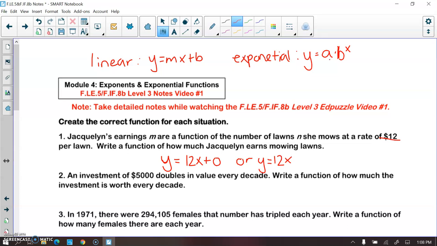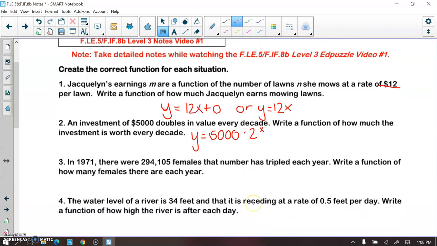The amount you start with is your A. We started with $5,000. And then B is how much we're multiplying by every time, which, since we're doubling, is 2, and that's raised to the x power. This is your correct equation.